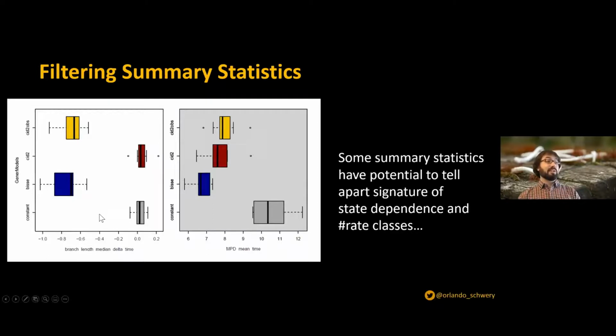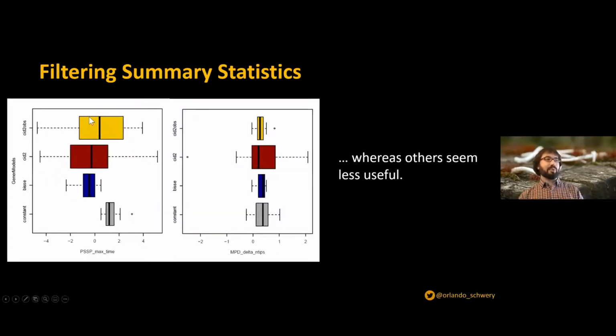So you can see some summary statistics can, in theory, reliably tell apart whether we have trait dependence or not, whereas others can tell apart whether we have two rate categories or whether everything is one constant rate. So we have to figure out which ones those are and distinguish them from the ones that are a little less useful for our purpose.